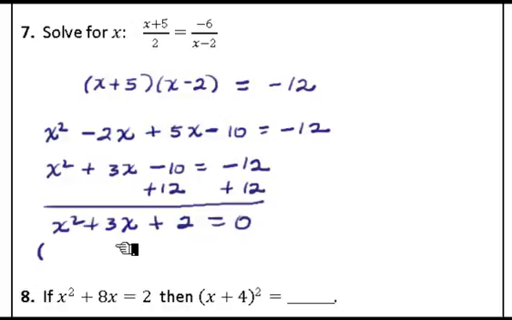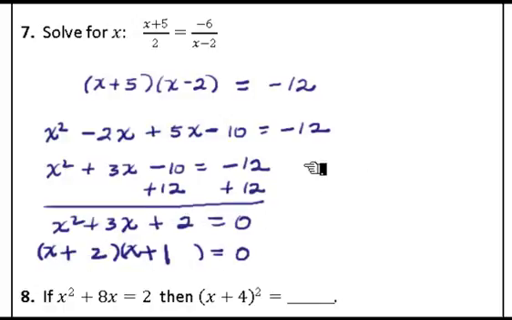Now let's see if this factors. All right, we'll put x and x here. Everything is positive, and the only thing we can try is 2 times 1. Let's just check that middle term. 2x plus x is equal to 3x. So this is the right factorization.